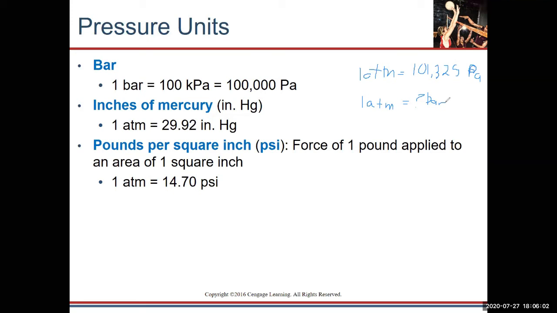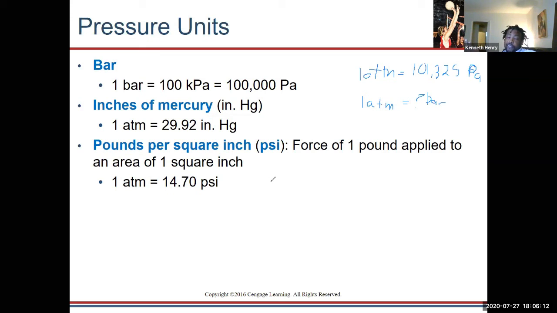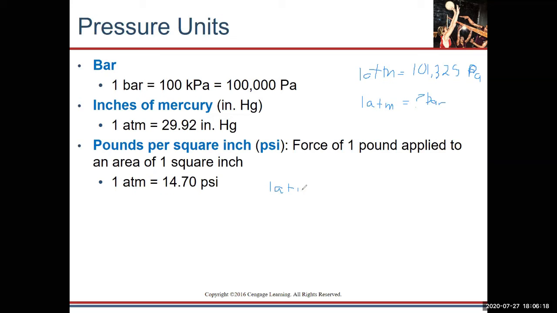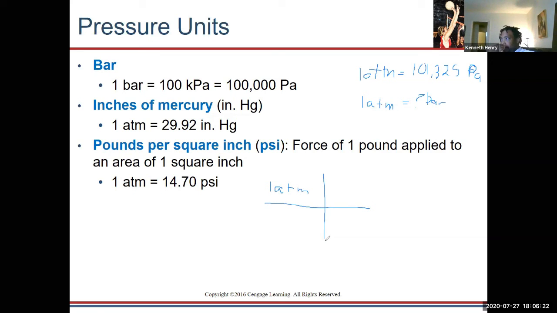Would you divide the 101,325 by 100,000 pascals? So would you just do dimensional analysis? So we can start with 1 ATM. We know that 1 ATM is equal to how many pascals?